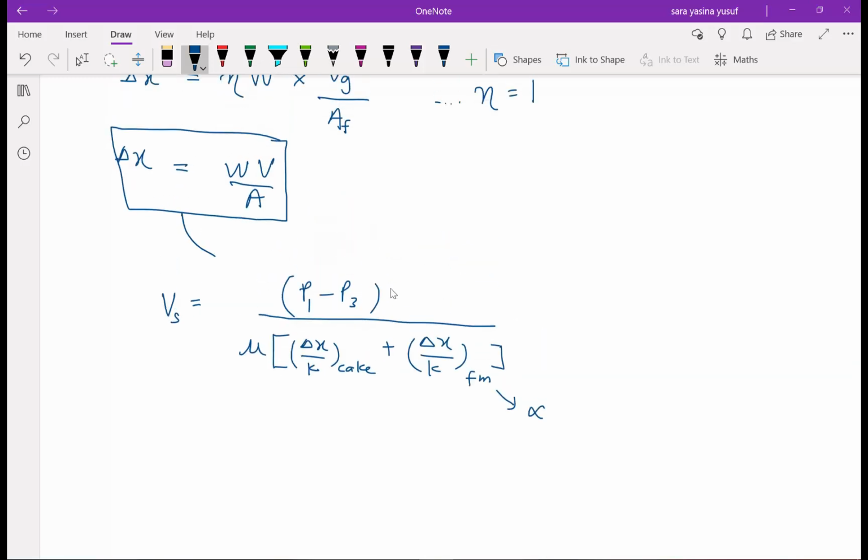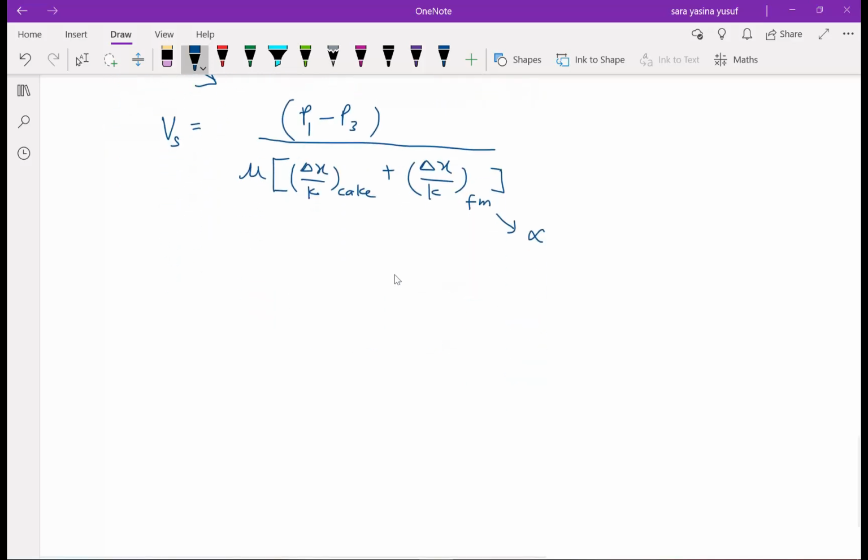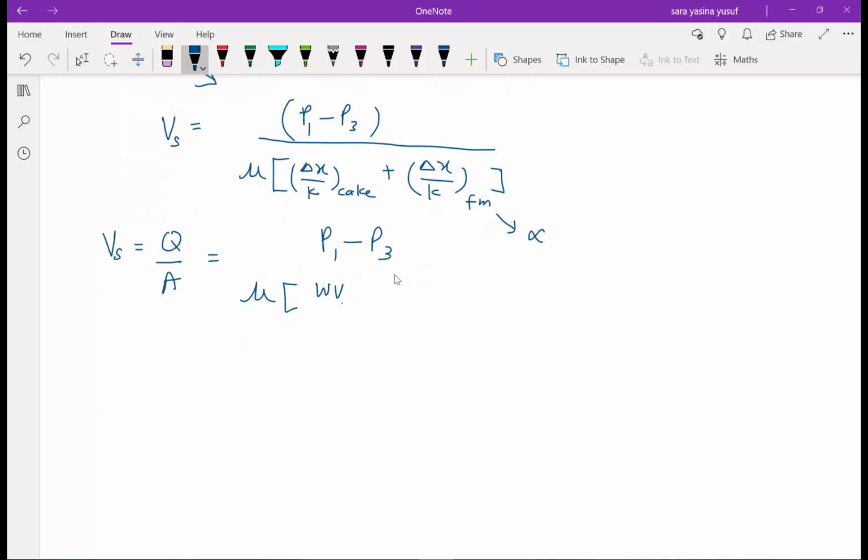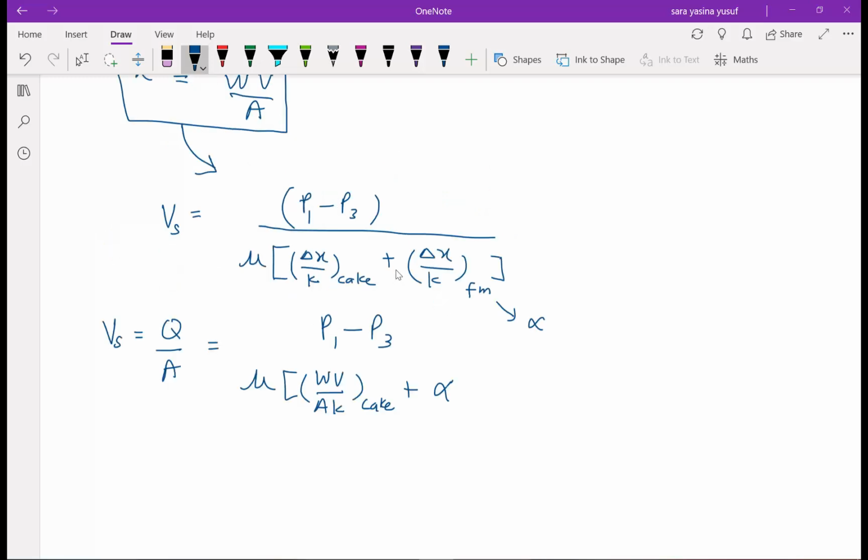Now we want to substitute delta X in this equation. We may write again Vs is equivalent to Q over A, P1 minus P3, mu, delta X which is WV over A, for the cake. And alpha, just write this as alpha.